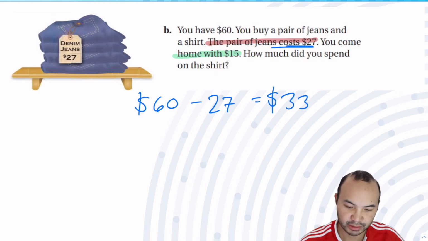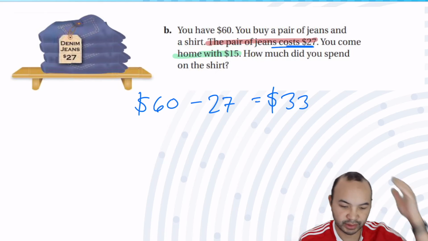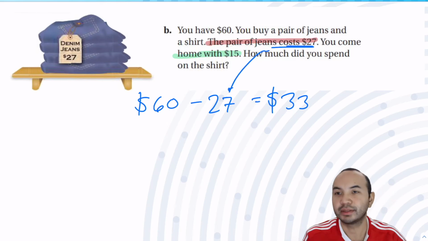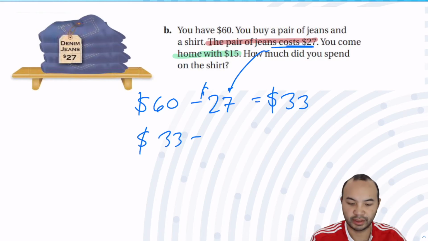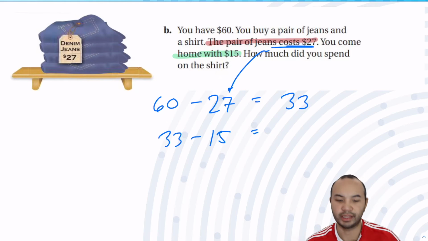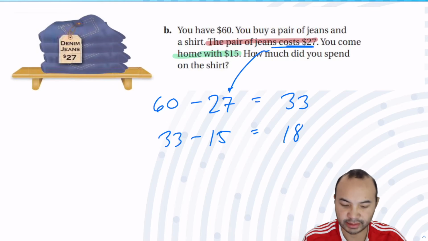That's how much you spent on both of those. Okay, so $60 minus $27, that is how much the pair of jeans cost, right? So then you have $33. Well, the leftover information is you came home with $15. So if you subtract $15 from that, and we don't need to put the dollar signs when subtracting money, we can just put it at the end, what's left over is going to be 18.